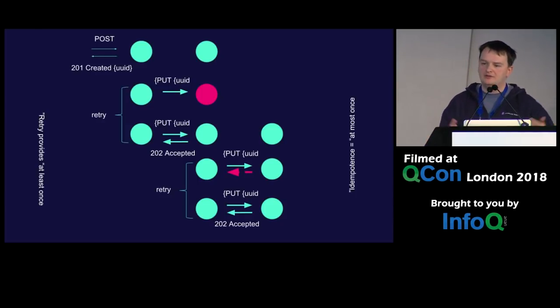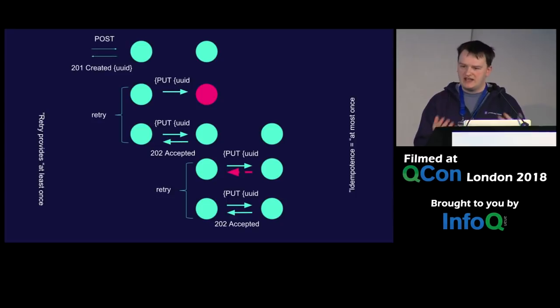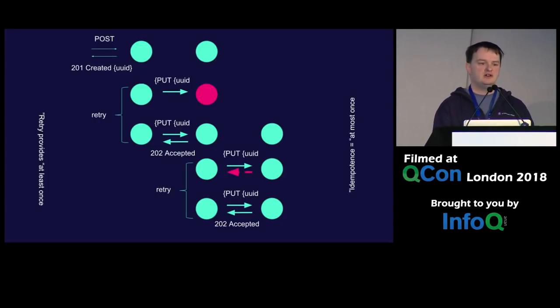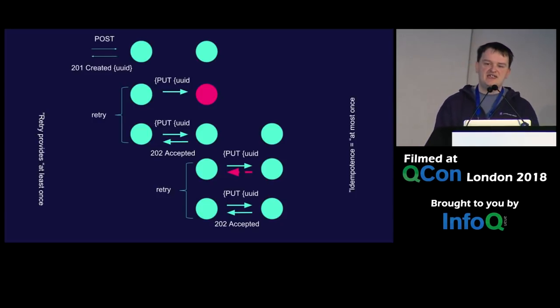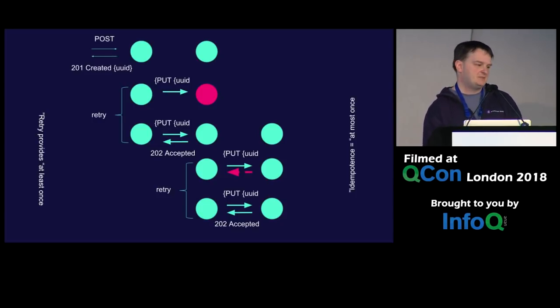So what happens? Customer sits round, and then tries again. It doesn't mark the work item as done because it hasn't been completed successfully. It tries again, and the second time it tries, things work. And it goes, great, fantastic. So that is the at least once aspect. Customer keeps trying until it gets a successful response.